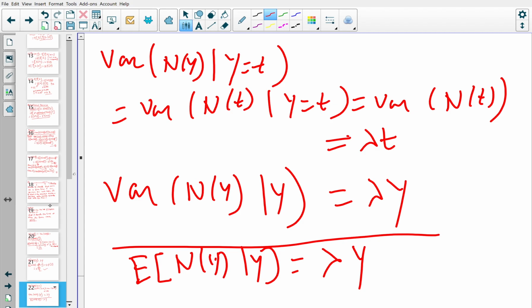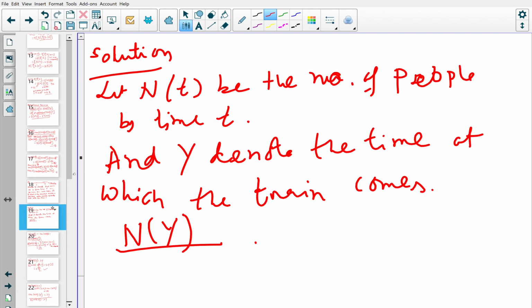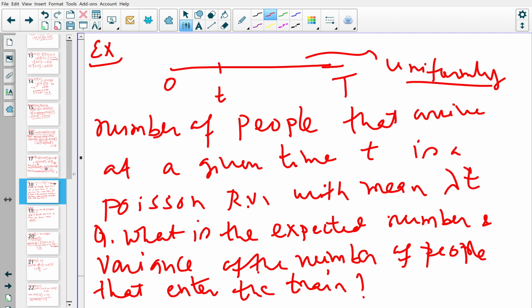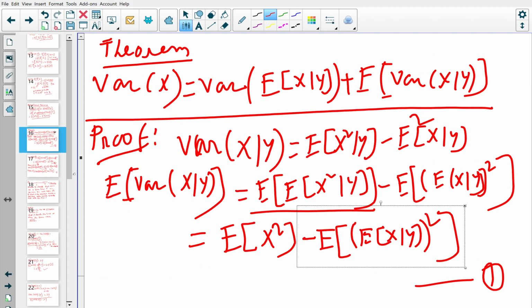So what is the theorem? Let me show you. We have to find the variance.